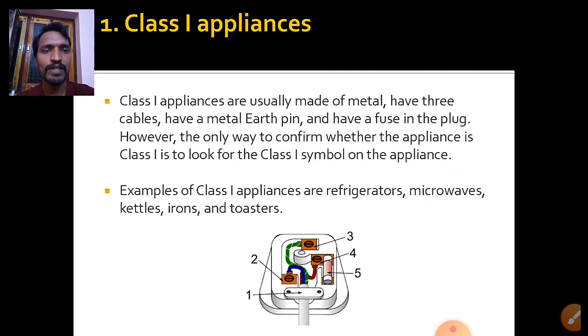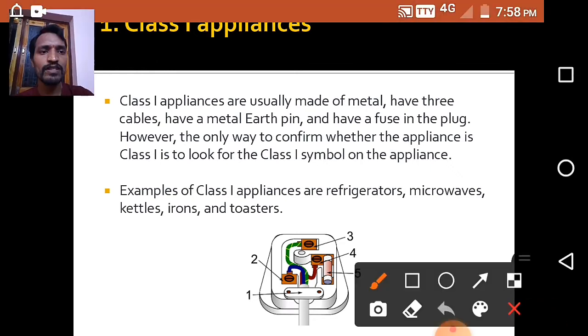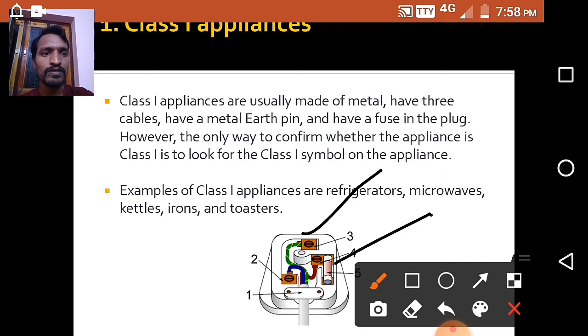Some examples of class 1 appliances are refrigerators, microwave ovens, kettles, iron box, and toasters. These come under class 1 appliances. If you observe, this is the earth pin. This is the fuse which is connected to the phase terminal, and this is the neutral terminal.